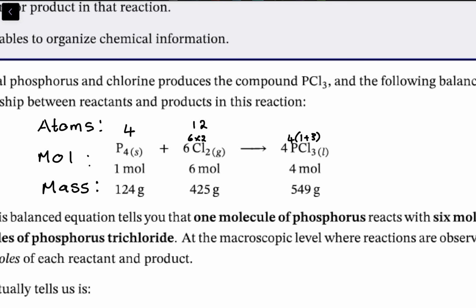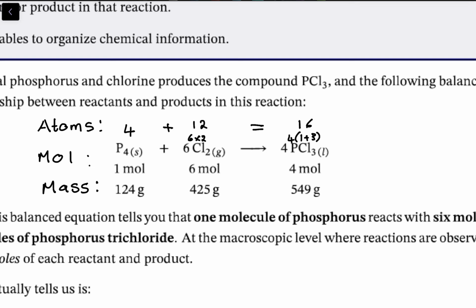That means 4 times 4 atoms, so 16 atoms on the right-hand side. So there are 4 atoms of phosphorus plus 12 chlorine atoms, which forms 16 atoms. So in terms of atoms in a reaction, there's always balance: 16 atoms on the left-hand side will always give 16 atoms on the right-hand side.